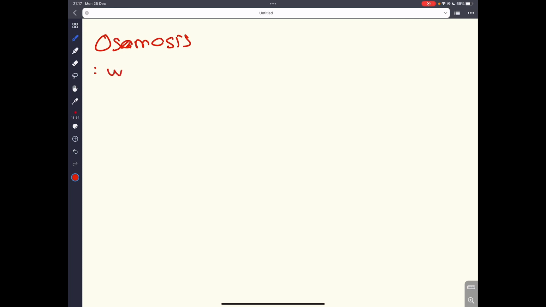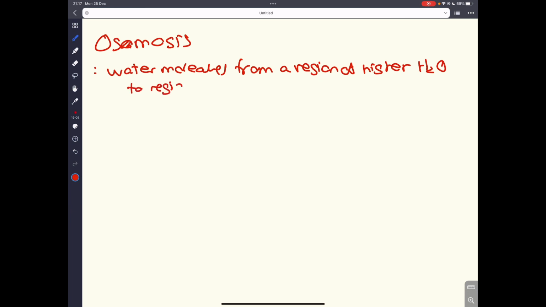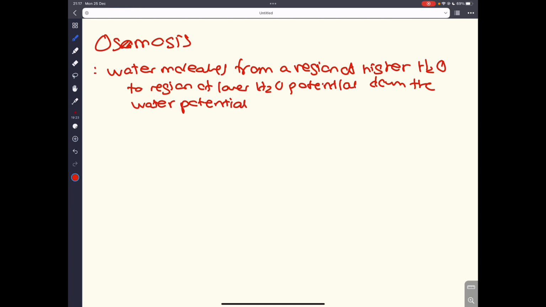The net movement of water molecules from a region of higher water potential to a region of lower water potential, and this is down the water potential gradient.